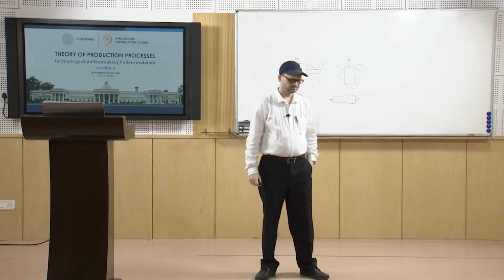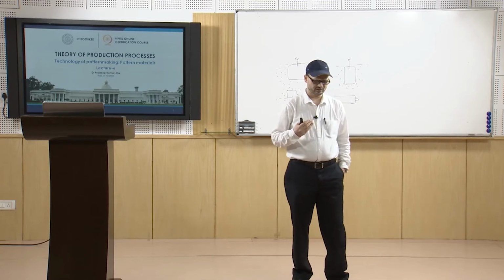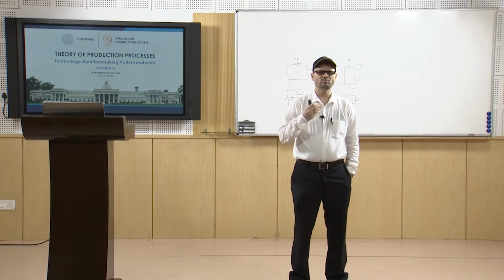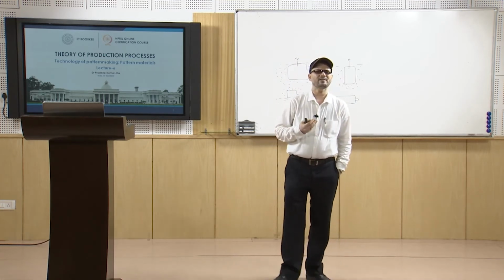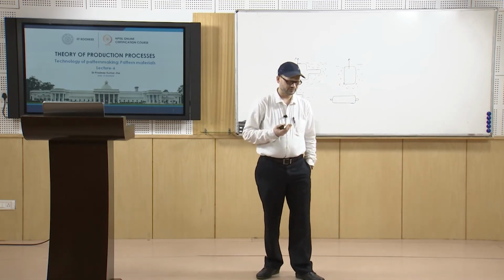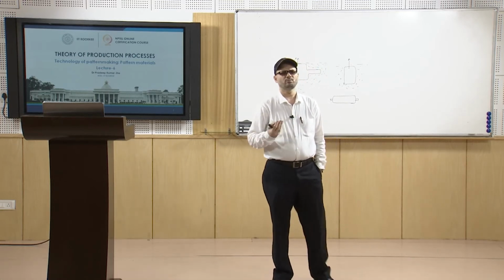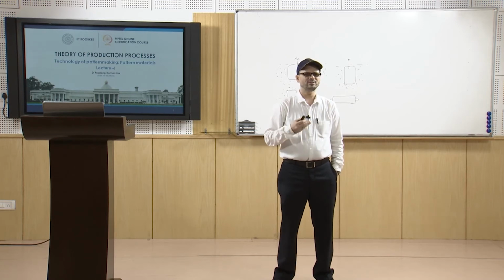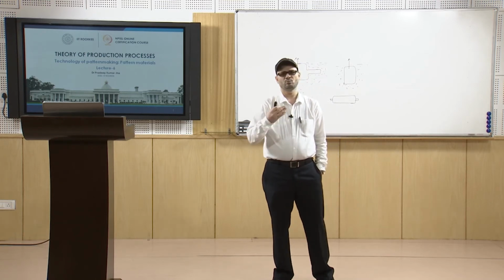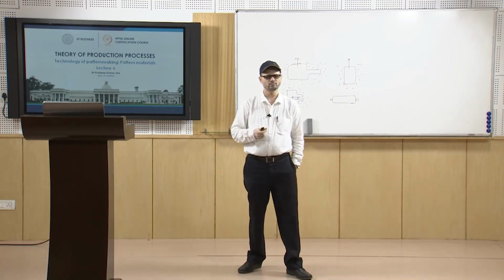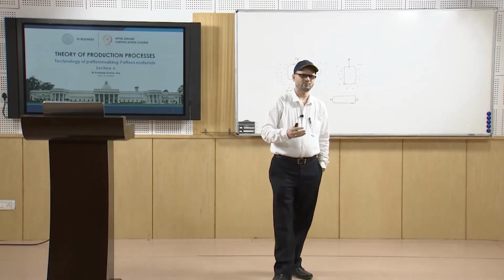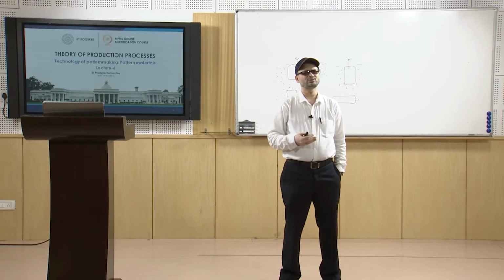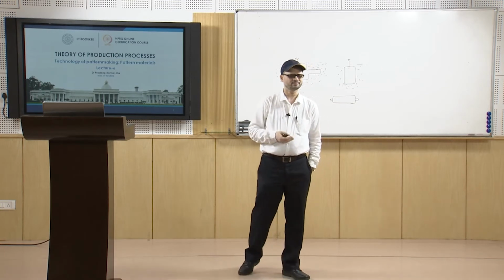Next is the type of pattern materials. We discussed what the characteristics of a pattern material should be. Now, mostly you have pattern materials of the following types: wood and wood products, which are easily available; metals and alloys, because of their large durability, more strength, more specific strength; plasters, which set quite easily and you can get plaster patterns; plastics and rubbers, which are quite light with good specific strength.